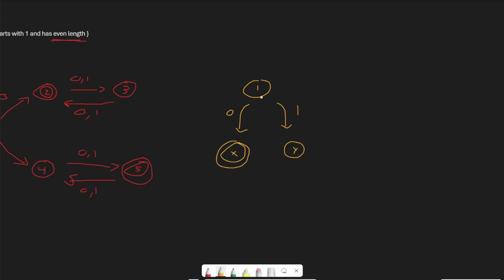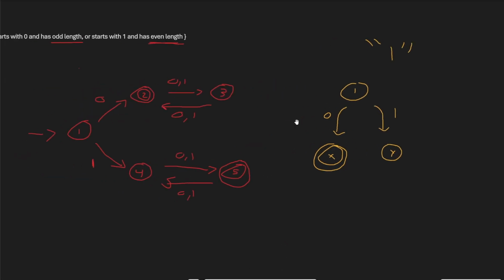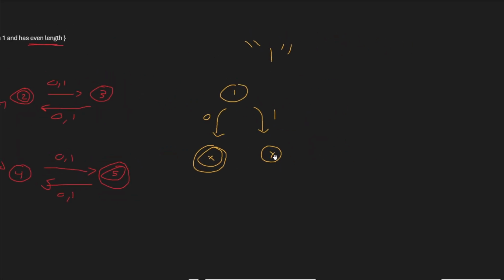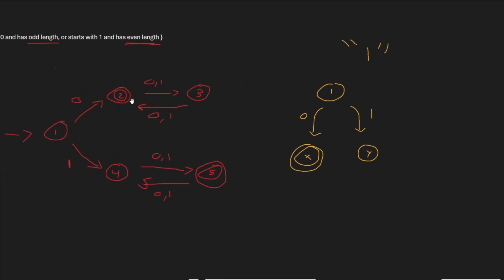Now, if we go down the 1 path, say we have an input string that looks like just 1, so we follow the 1 arrow to state y, do we want to accept? Well, no, because if we start with the 1, we must have an even length. If we're at state y, we have an odd length, a length of 1. But remember how we were doing our flip-flops here, where we're going back and forth to determine the even or odd?